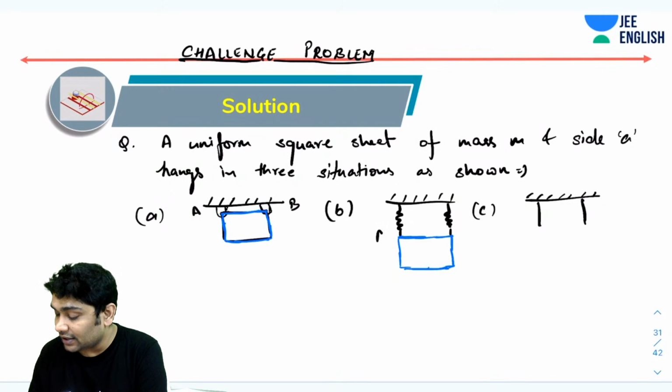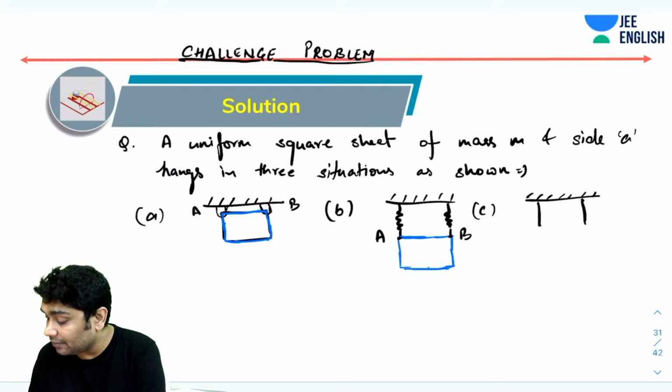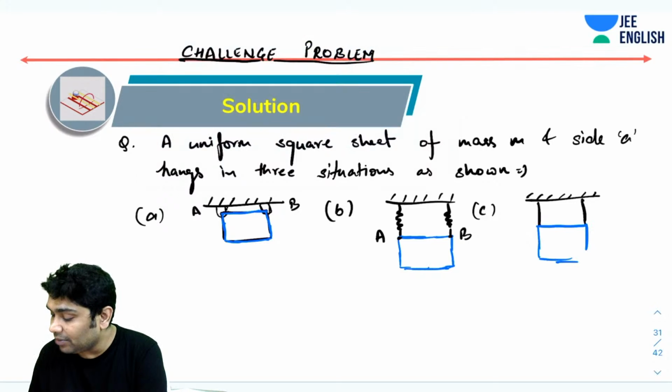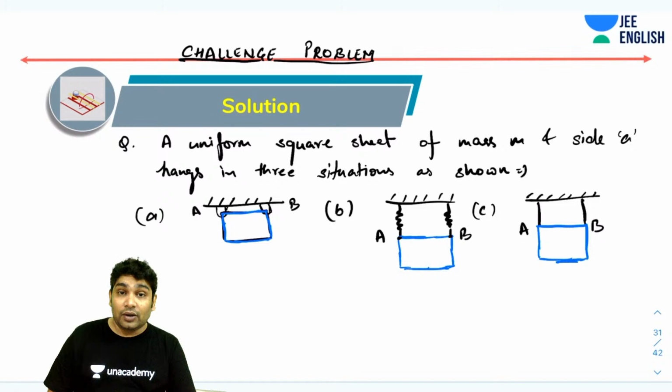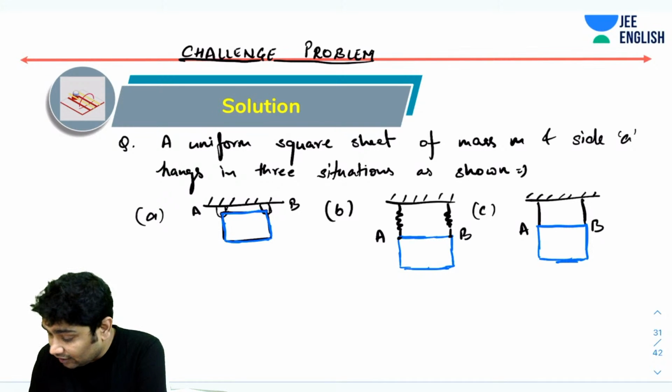In A and B, you have the same plate hanging in three different configurations. Okay, so in the first one, you have ideal hinges.